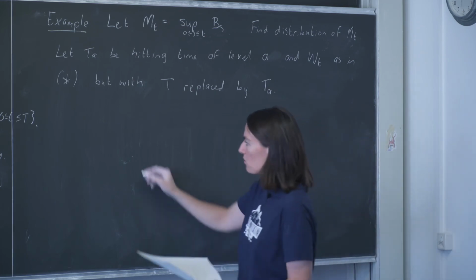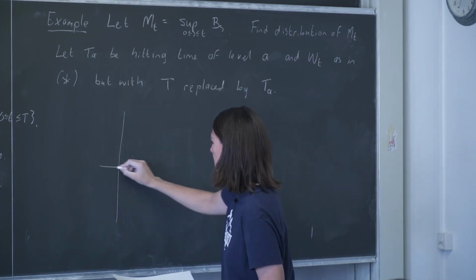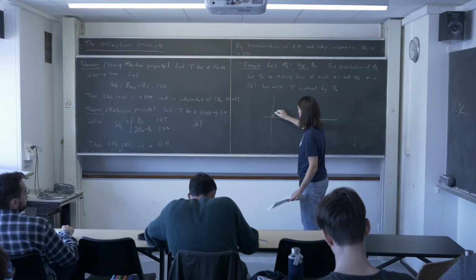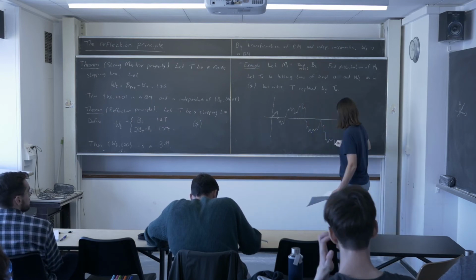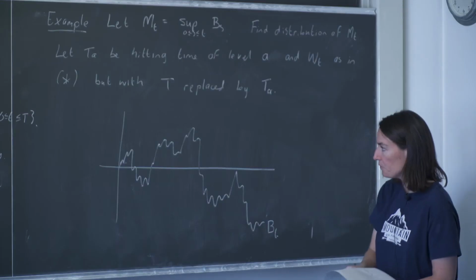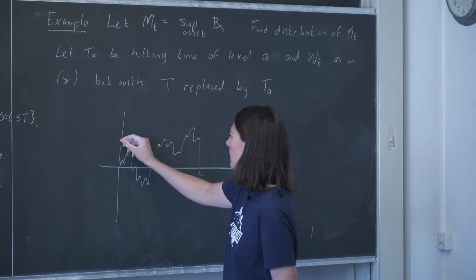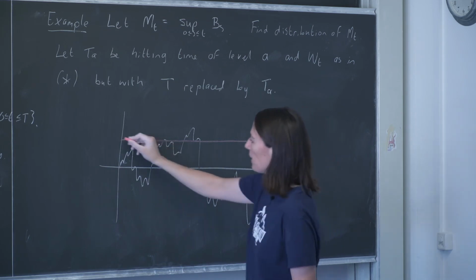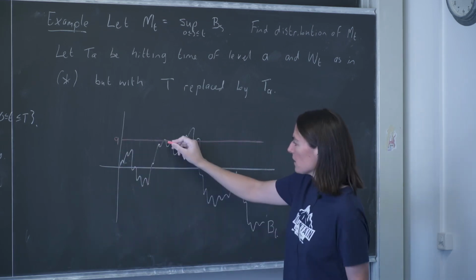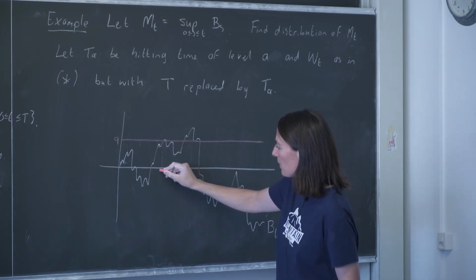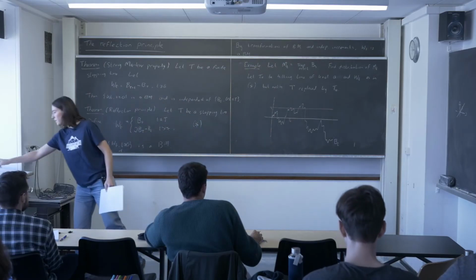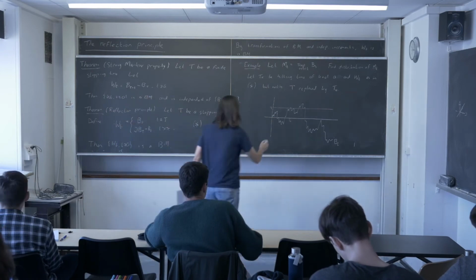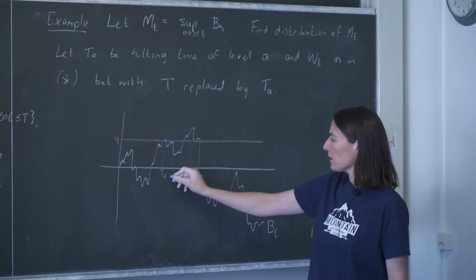Okay, so let's draw a picture. Here's my original Brownian motion, that's B_t. Here's my level a. This is T_a down here, the first time that I hit, and notice this is a random time. It's not a fixed time.